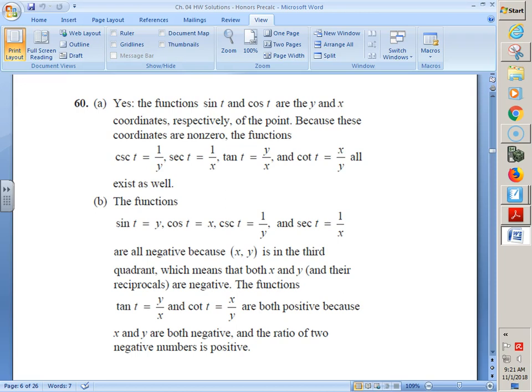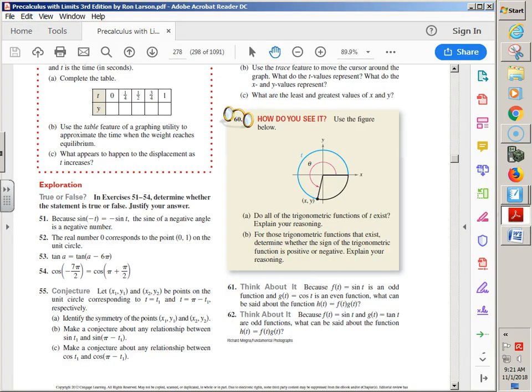And then when it was talking about letter B, whether they're positive or negative, well, before you figure out which trig functions are positive or negative, you have to think about whether x or y is positive or negative. And then in the third quadrant, what's the sign of both x and y? They're both negative. So anything that just has an x, cosine, it's negative. Secant, it's negative. Anything that just has a y, sine, it's negative.